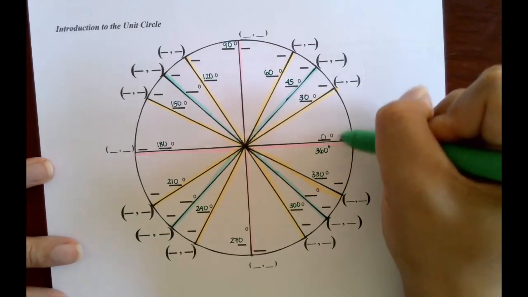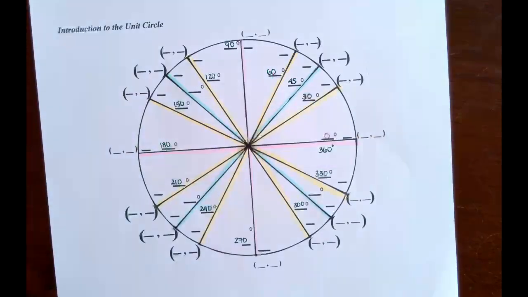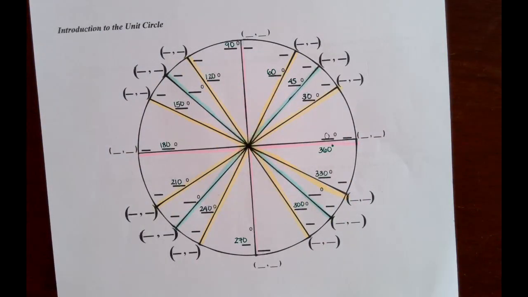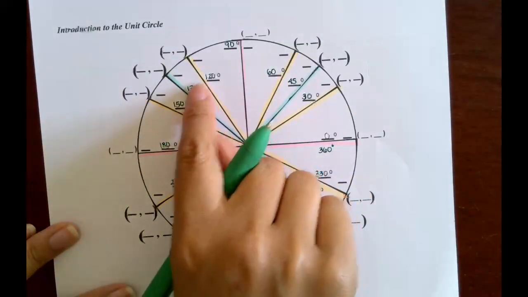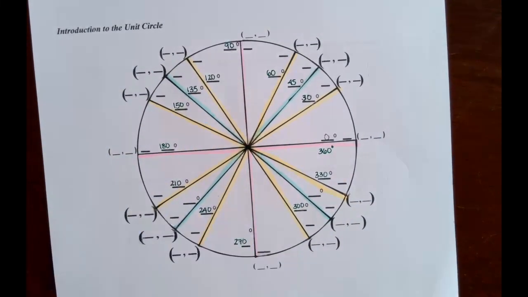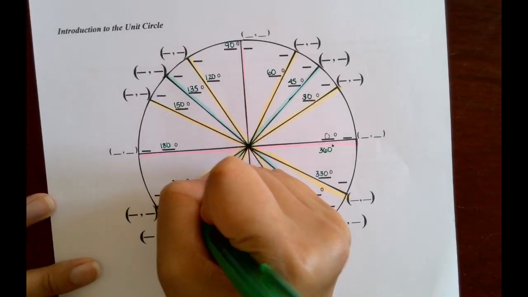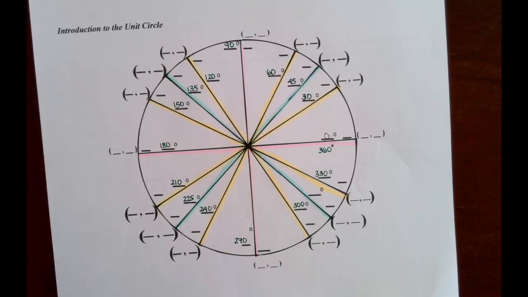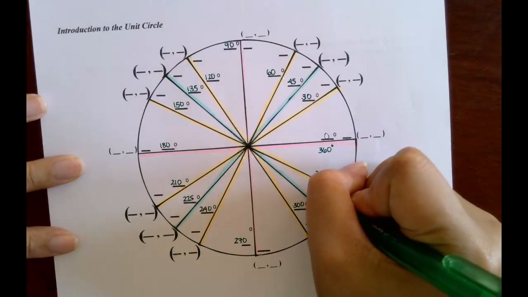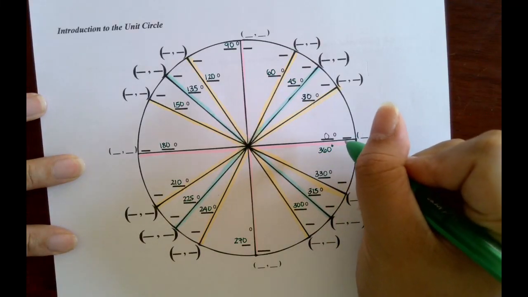So 0 plus 45 is 45, plus another 45 is 90, then 90 plus 45 is 135, plus another 45 is 180, 180 plus 45 is 225, 225 plus 45 is 270, 270 plus 45 is 315, and 315 plus another 45 is 360.